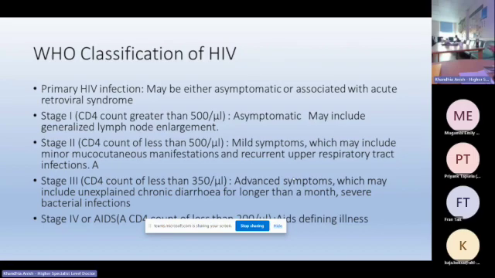The reason why you get this kind of gripping fever and constitutional flu-like illness is because you get a very rapid increase in your viral load in that initial infection phase.